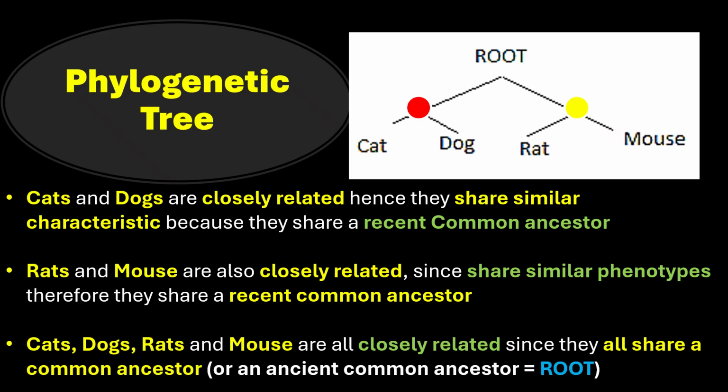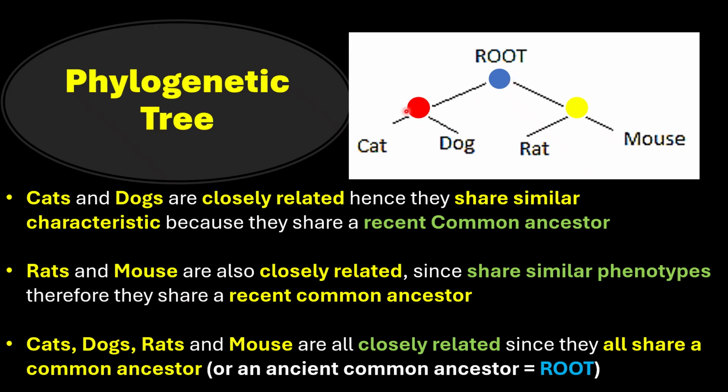Now, let's put all of them together. Cats, dogs, rats, and mouse, they are all also closely related, because they all share a common ancestor. That is the one labeled as root. So this is actually the common ancestor of cat, dog, rat, and mouse.